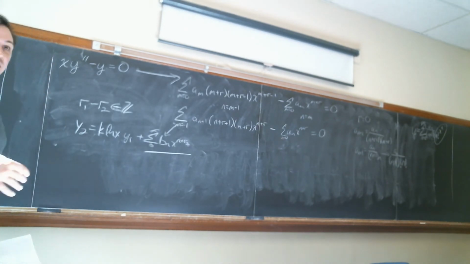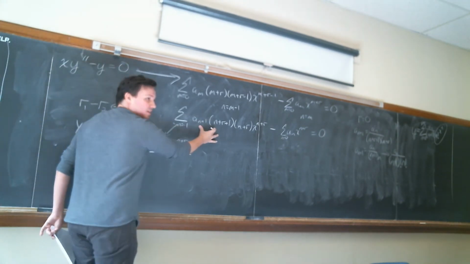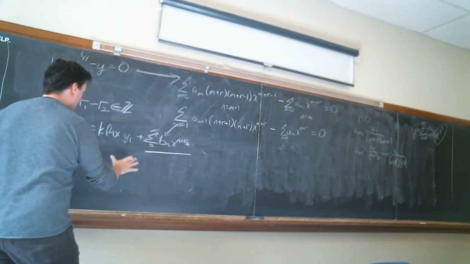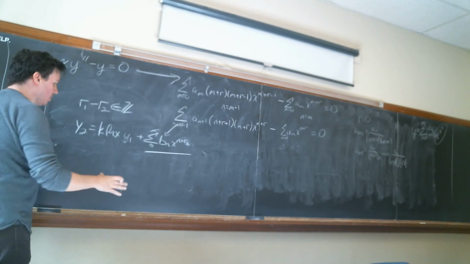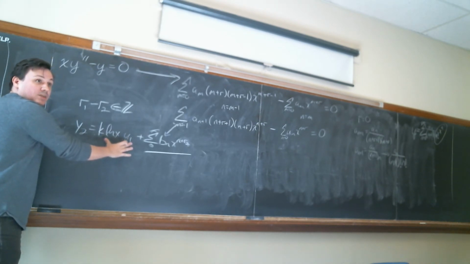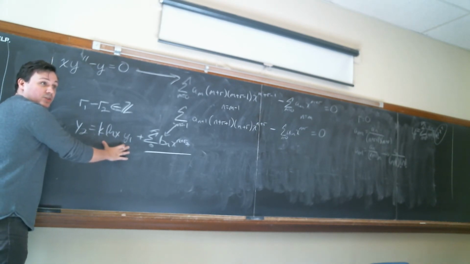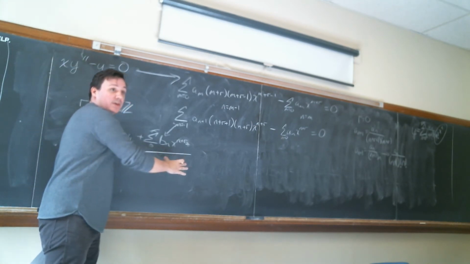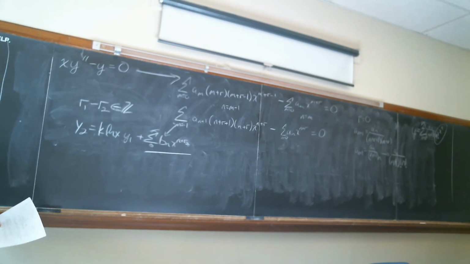The bookkeeping's done. You already have this recursion relation for b. That's done. Don't worry about it. So all you have to do is, because it's linear, put this into the governing equation, and then later on we can add on the rest, because we know what it looks like. And that'll allow us to break it apart and do it easier.